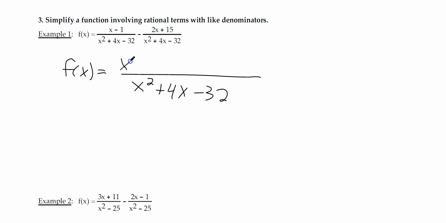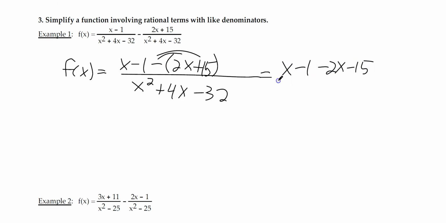And the numerator, we have x minus 1. And this subtraction, again, a parenthesis will allow you to do that more safely in 2 steps. This next step, x minus 1 minus 2x minus 15, denominator x to the 4th. Ha! Wow, I've got to slow down a little bit.